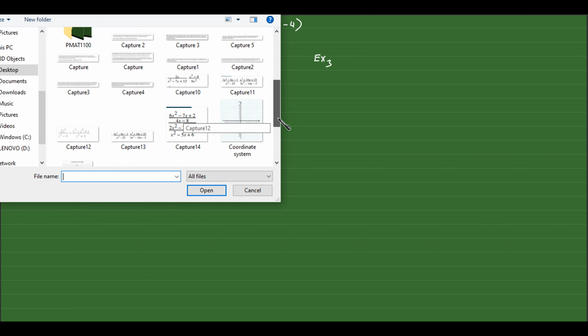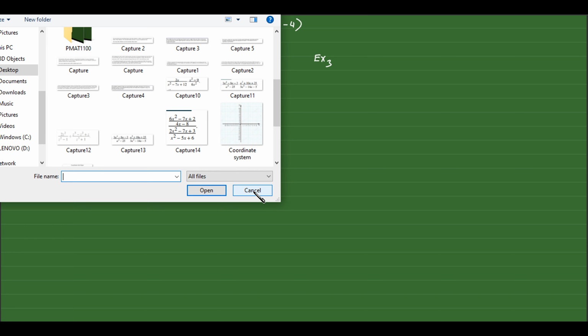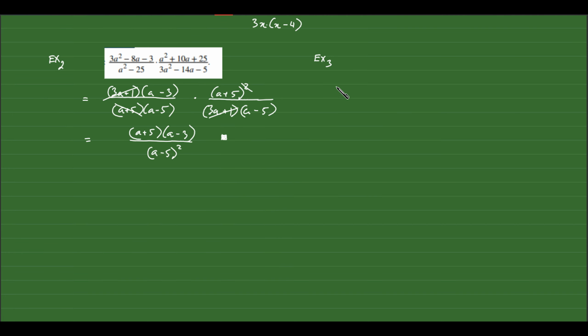Let me see, I can find someone else. Okay, I don't have anything else, so I'm gonna just go ahead. I will try to get something from the textbook. Let's see. Okay, I have it over here.